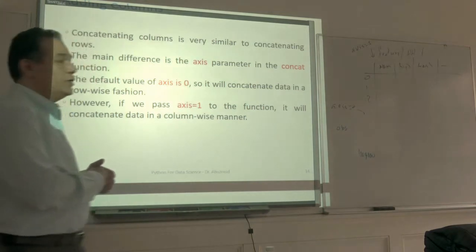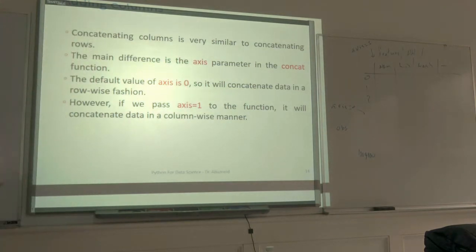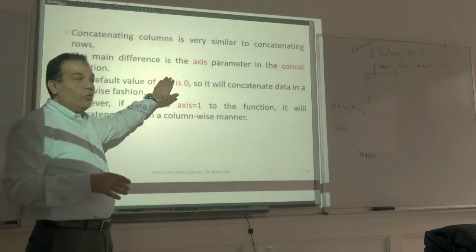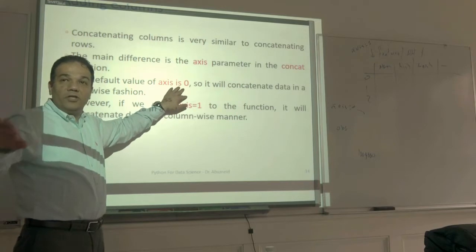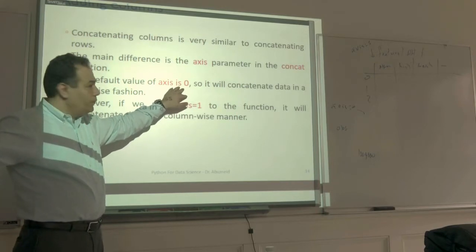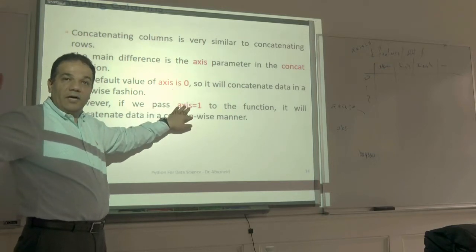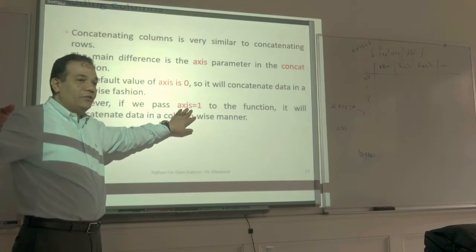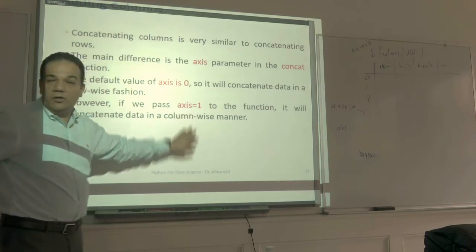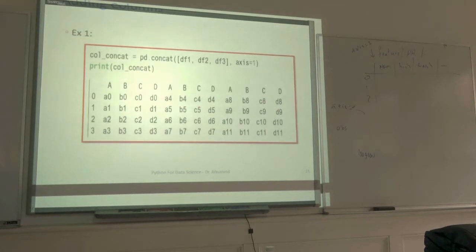It's very similar to concatenating rows. The main difference is the axis. Before, by default, for rows, we use axis 0, even though we did not write it because it's the default. If we need to concat by the column, we have to specify axis 1. That's the only change. Everything else is the same.